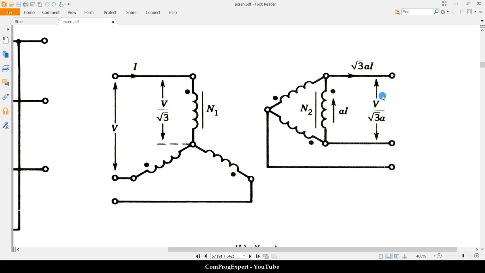A, turns ratio. And also you know that in a three-phase system, the line current for the delta connection is square root of 3 times the phase current, right? Similar to the equation that we have here.